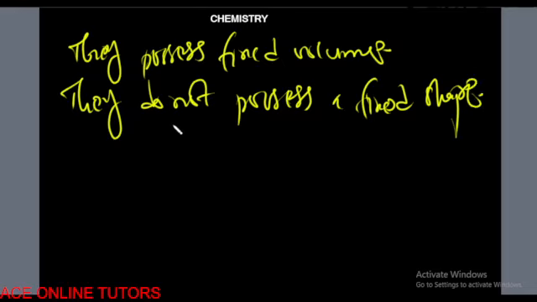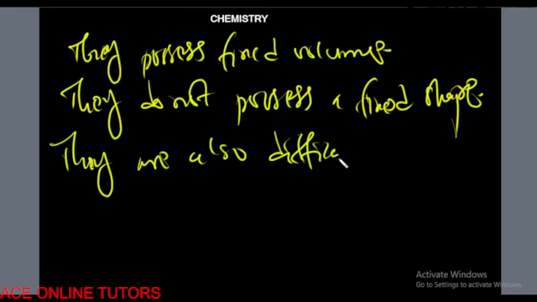So they possess fixed volume, but they do not possess fixed shapes. So liquids assume the shape of their containers. Liquids are also difficult to compress, just like solids, although it might be easier than solids, but they are also difficult to compress.